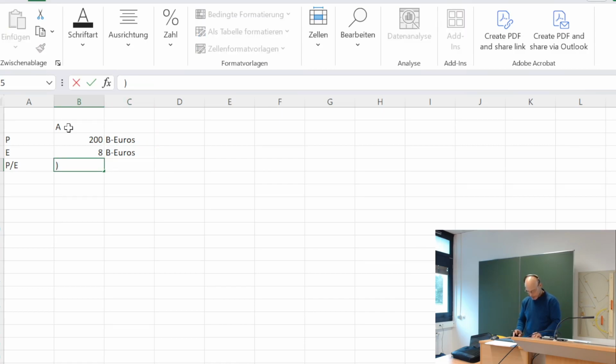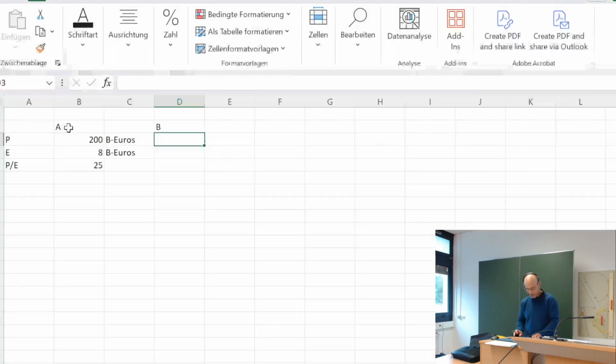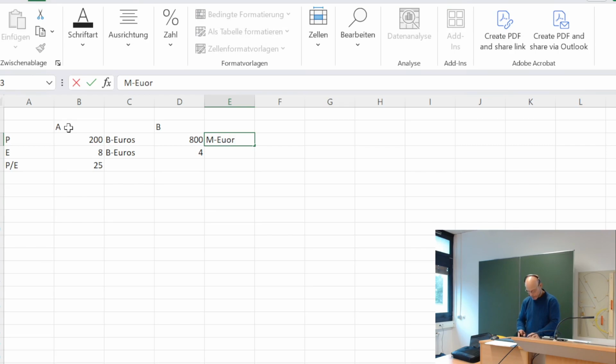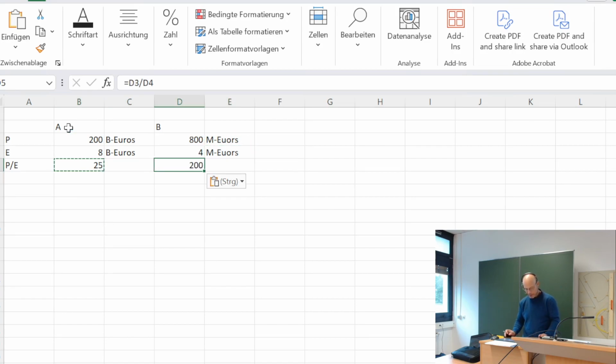And P over E is then 25. And for B, we had 800 and 4, but we have million euros. So this earnings ratio is then 200.